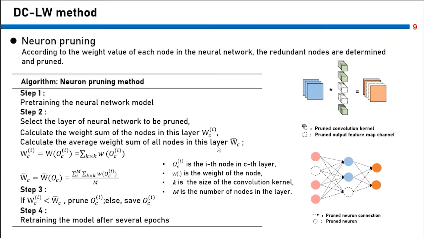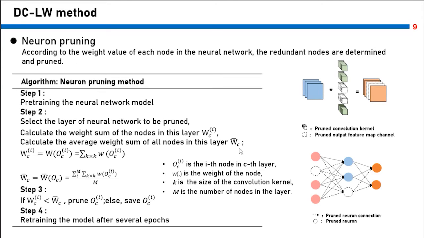In this part, we will introduce the neuron pruning method. According to the weight value of each node in the neural network, the redundant nodes are determined and pruned. Firstly, we pre-train the neural network. Secondly, we calculate the weight sum of the nodes in this layer and the average weight sum of all nodes in this layer.